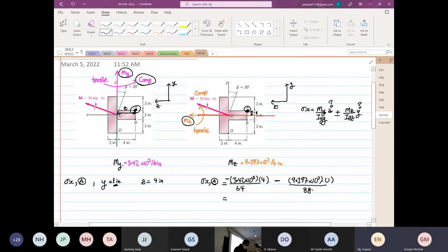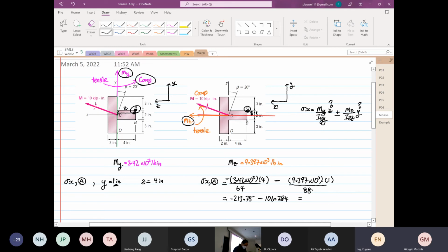So this will be equal to 3.42 times 10 to the power 3 times 4 divided by 64, which is 213.75, minus 9.397 times 10 to the power 3 times 4 divided by 88, which is 106.784.